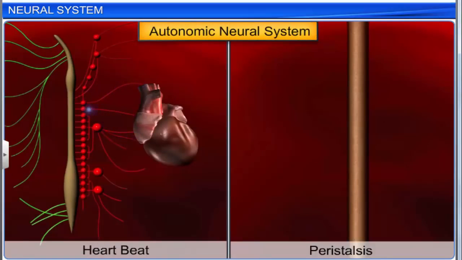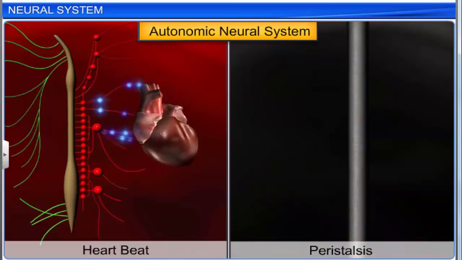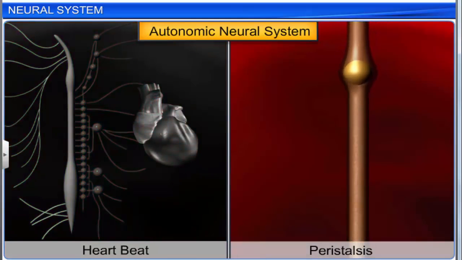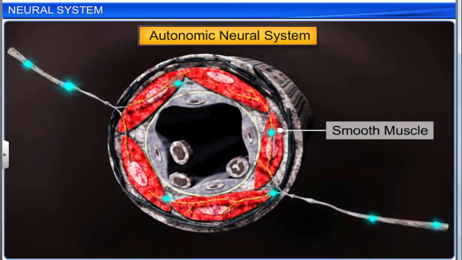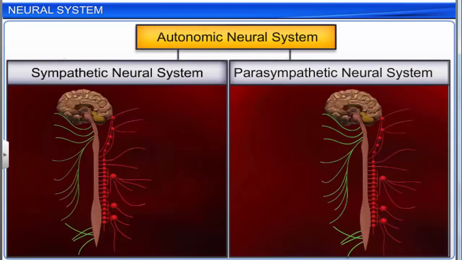The autonomic neural system controls involuntary functions such as heartbeat, peristalsis, etc. This is because the nerve fibers of the autonomic nervous system extend up to the visceral organs and smooth muscles of the body. The autonomic neural system is further classified into the sympathetic neural system and parasympathetic neural system.